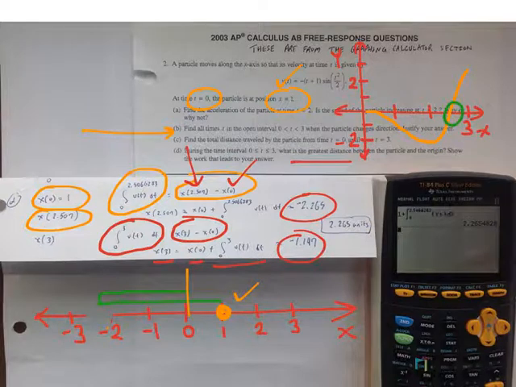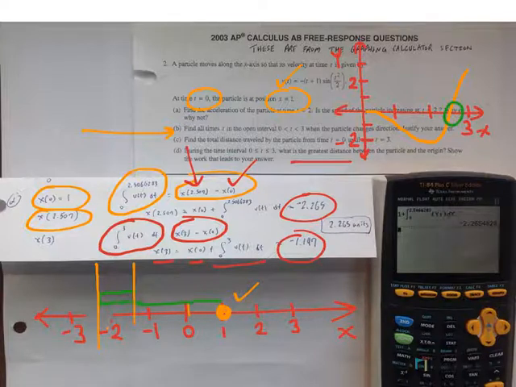So if I wanted to make my drawing accurate, here's what I would do. I would see that the object actually stops at about negative 1.197, which is about right here. So this is about where the object goes towards the left, and it stops there, and then it turns around and goes towards the right.